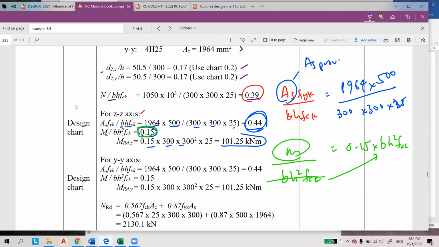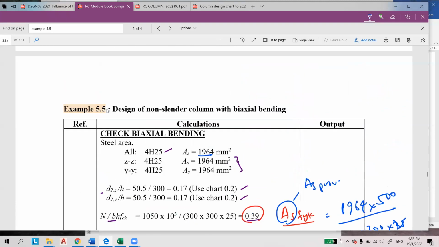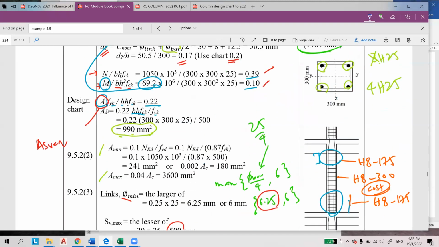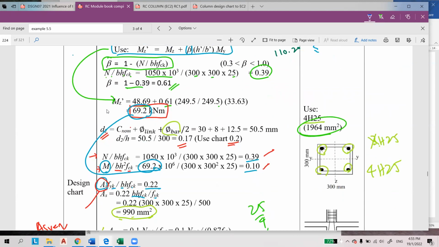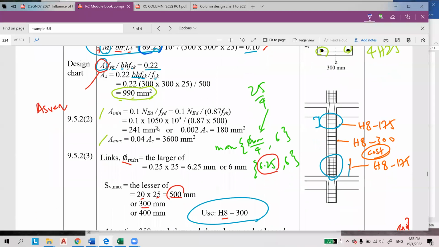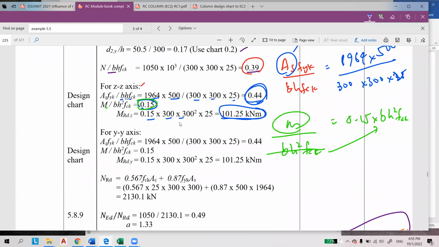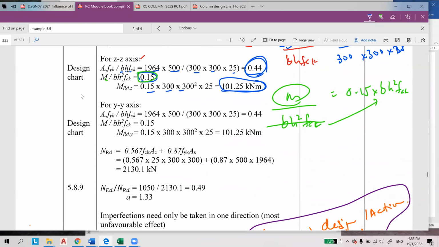This is the supply: 101.25 kNm, and the demand is 69.2. So the supply is greater than the demand. For the y-axis it is a similar process, with a similar value.